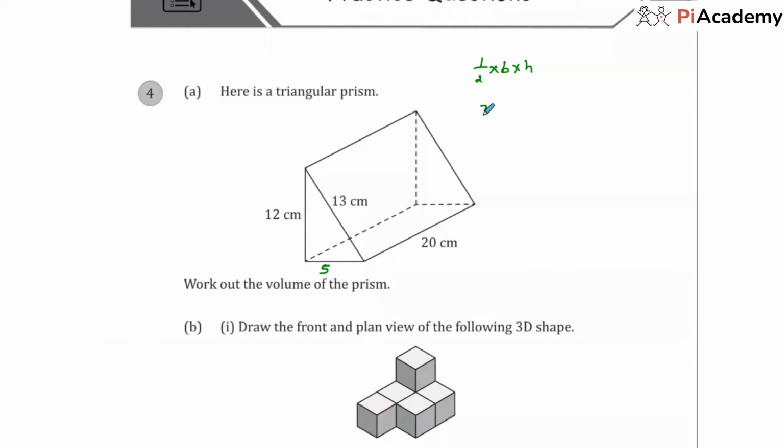I'm finding the area of the base first. The volume of any prism is the area of the base times the height. So 30 times the height, which is 20, gives 600 centimeters cubed. Make sense?